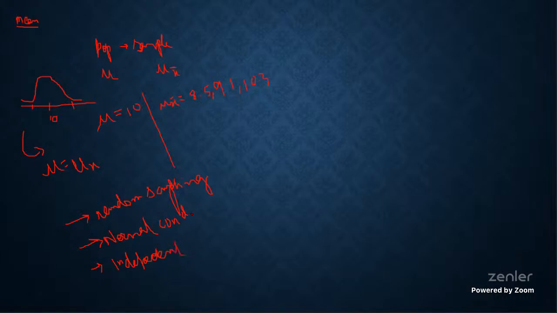So these three conditions matter. First of all, random sampling, second normal, and third independent. In the normal condition, it matters what distribution has been given, a normal or a standard normal. Second, we have to know about the minimum sample size.